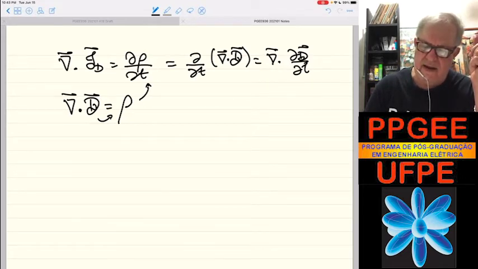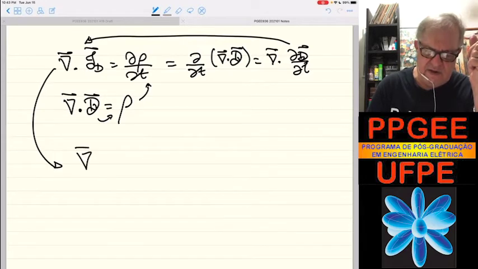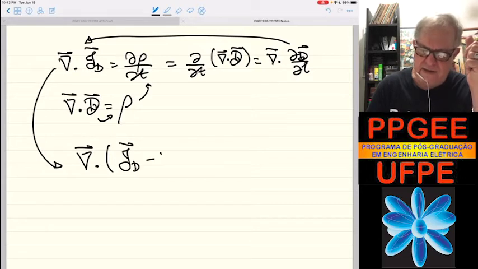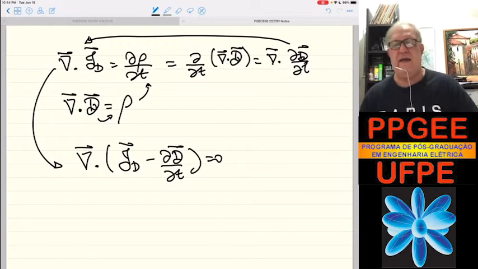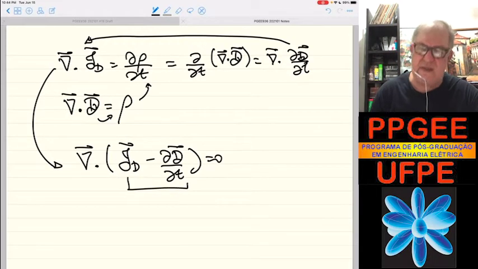And I can combine these two relations, right? So I have the divergence of JD minus dD/dt equals 0. So what can we do here? I mean, JD is going to be equal to this.